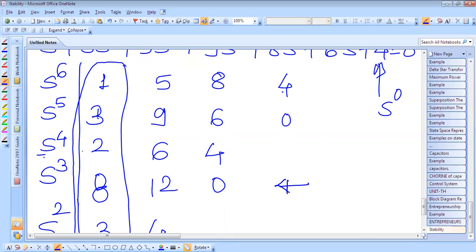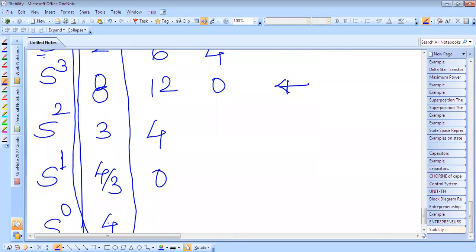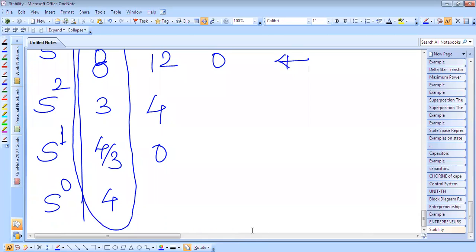So we have considered this auxiliary polynomial equation and we have to differentiate with respect to s, and after differentiation, whatever the coefficients of that equation we have written here. And then we have continued the Routh array. Therefore, at this stage, we can conclude that even though all the signs are positive, we have to check here the auxiliary equation.